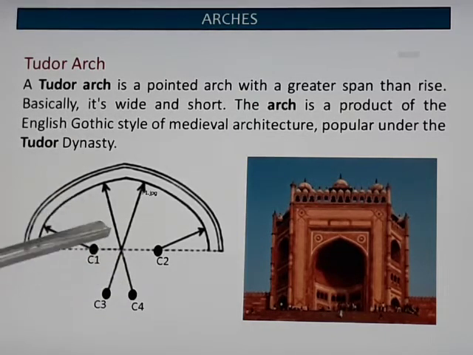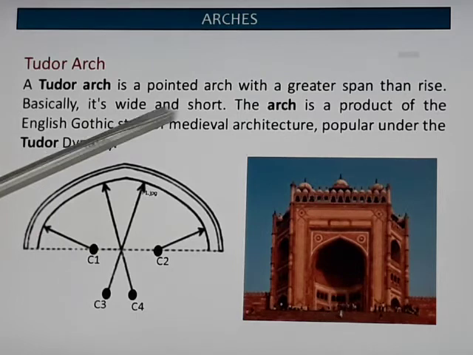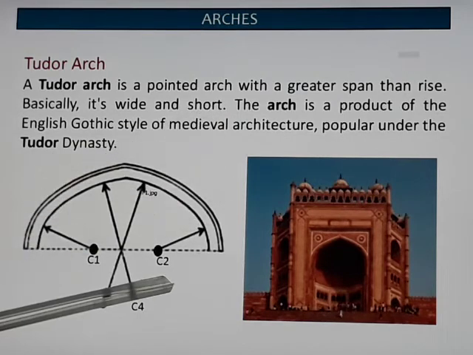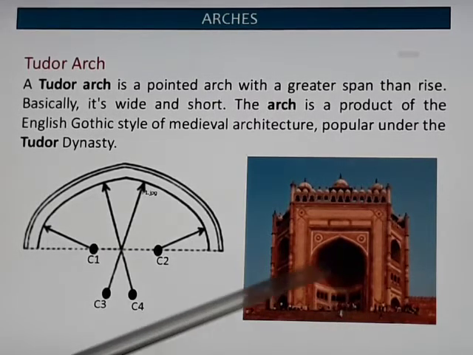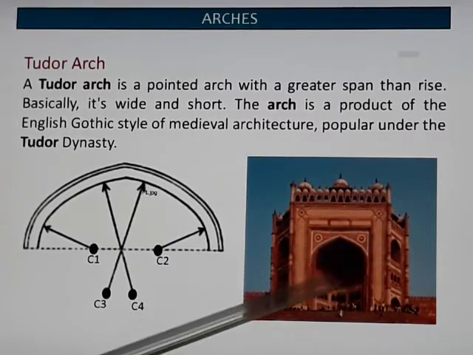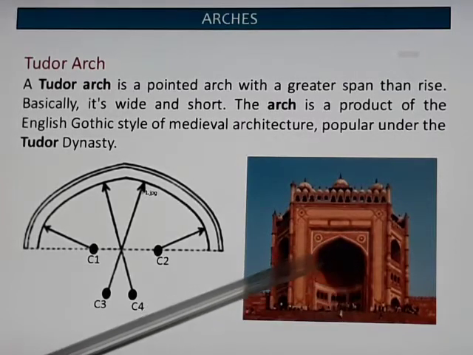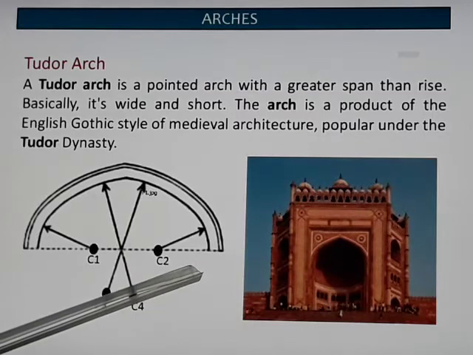A Tudor arch, again I repeat, is wide and short in construction. The best example you can relate to is the Buland Darwaza at Fatehpur Sikri, a live example of the Tudor arch.